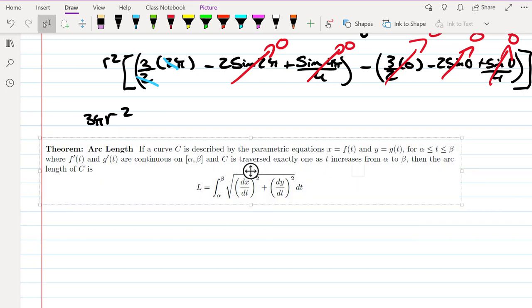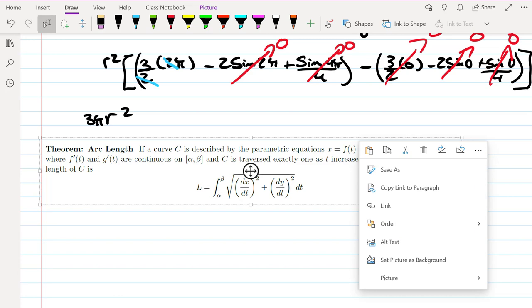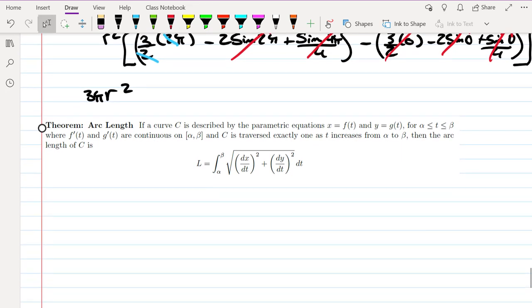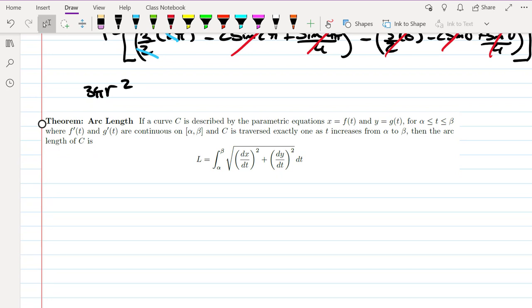So if a curve C is described by the parametric equations x equals f of t and y equals g of t for alpha less than t less than beta, where f of t, f prime of t, and g prime of t are continuous on the closed interval alpha beta, and C is traversed exactly once as t increases from alpha to beta, then the arc length is given by the integral from alpha to beta of the square root of dx dt squared plus dy dt squared dt.